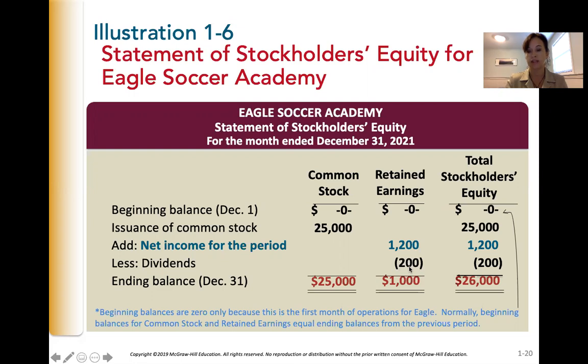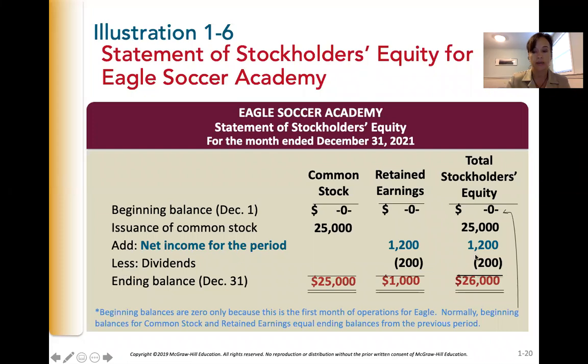So what the company is doing is they're taking that $1,200 of earnings and they're giving $200 of it to the owners. So we're paying that out of the earnings of the company. We're no longer retaining it. We're paying it back to the owners. So you want to show it as a negative amount. And you'll notice over here they said less dividends.